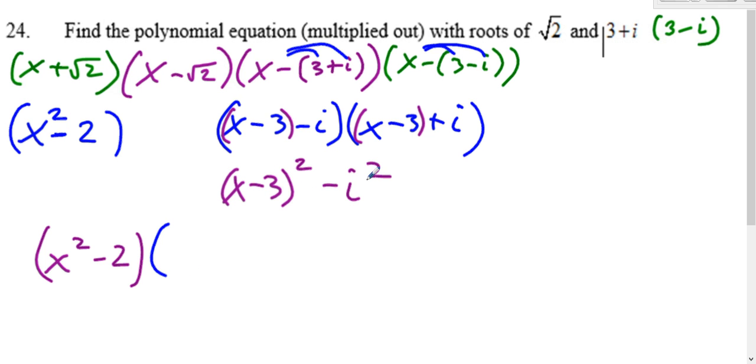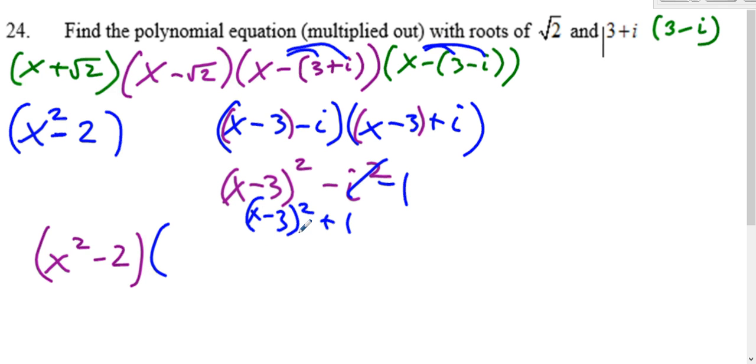So multiplying this out, i squared is negative 1, so minus a negative 1 means plus 1. And we have to multiply out x minus 3 squared.